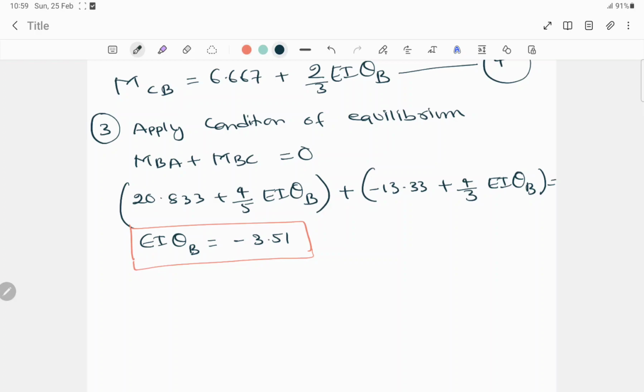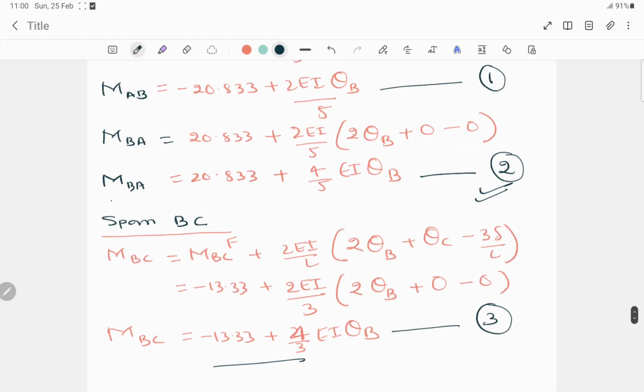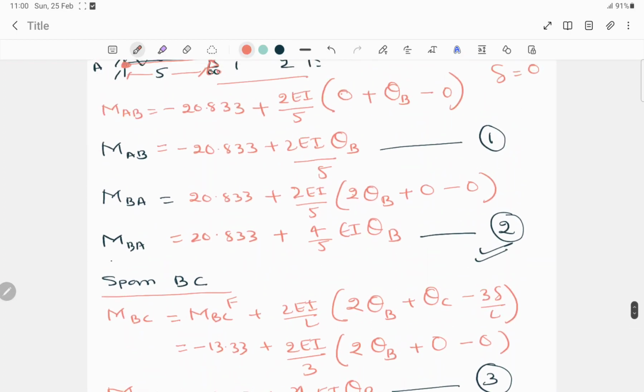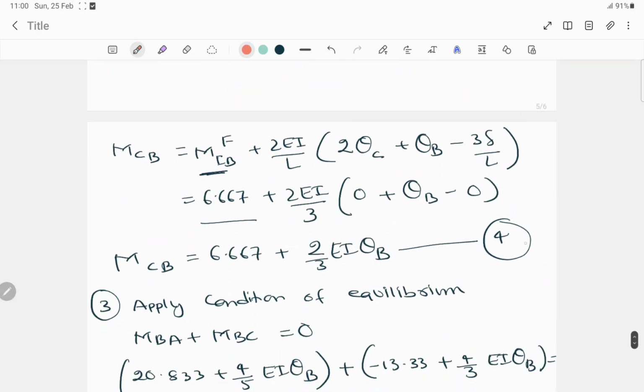So in step 4, what we have to do is put EI theta B equal to minus 3.51 in all the 4 equations. Okay, so now we have equation 1, 2, 3 and 4, right?